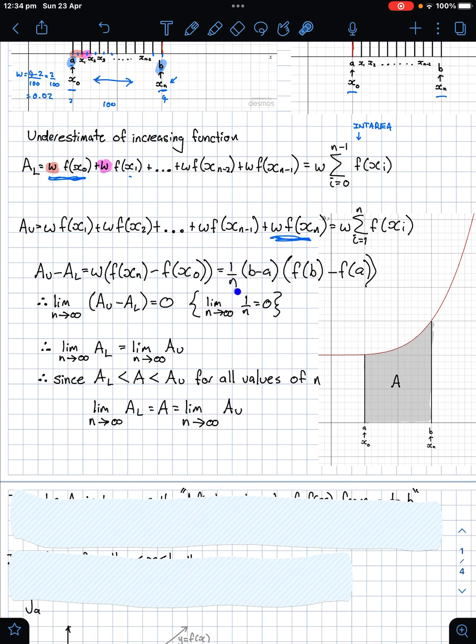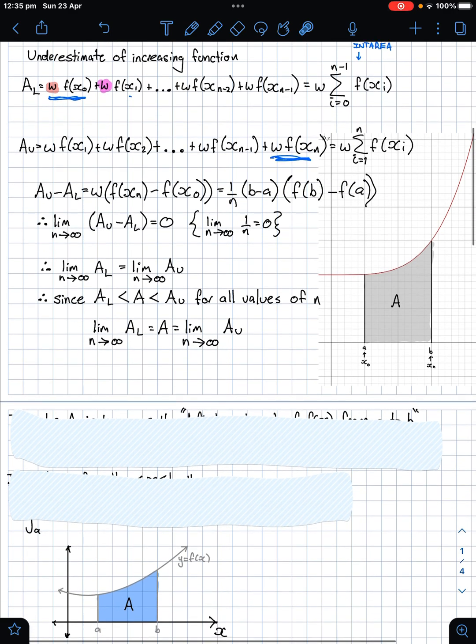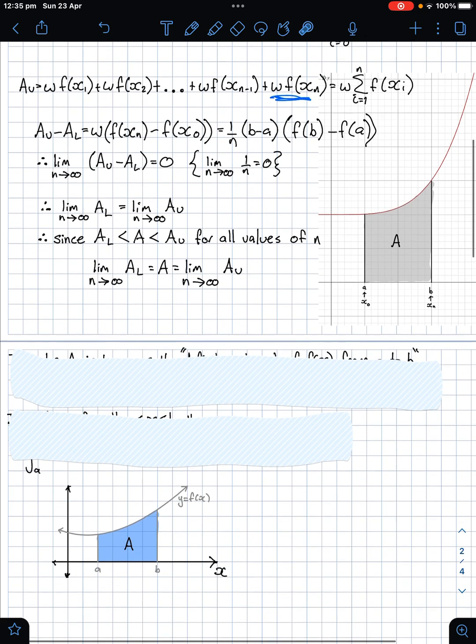Similar to our other topic, throughout the year we've talked a little bit about asymptotes. This thing would equal 0, and that means if this equals 0, this whole thing here equals 0. So therefore, as the amount of rectangles becomes infinity, the underestimate will equal the upper estimate.